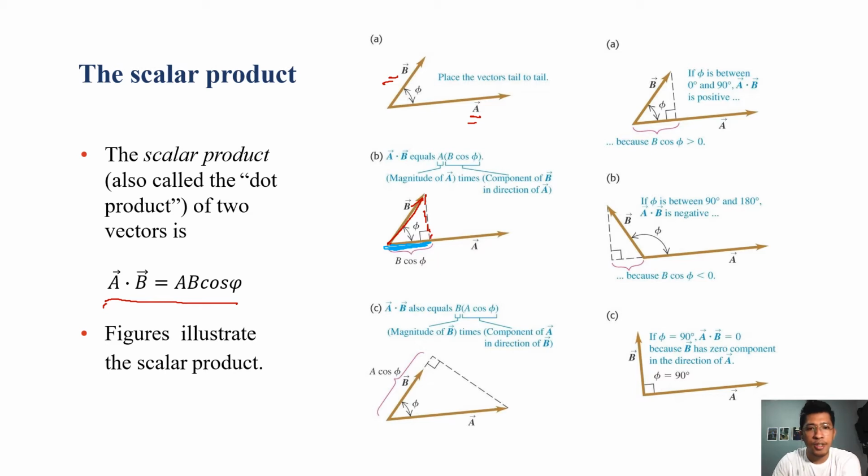Your A dot B is also equal to, if you project your vector A onto your vector B, like this one here.